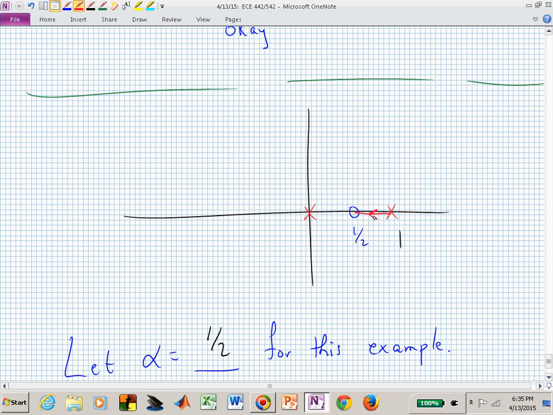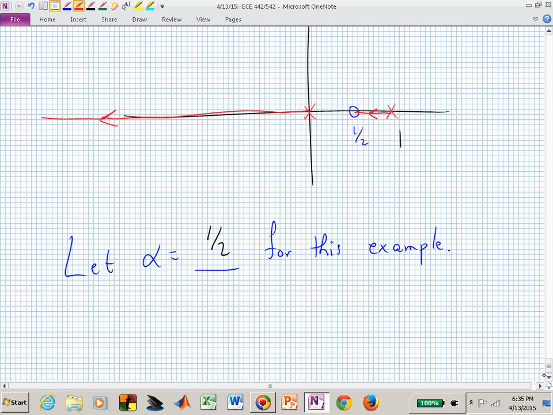Are there 2 branches on that real line segment? No. Now there's just one branch, and there's just one branch here going off to -infinity. Can you now use the magnitude condition to tell me the maximum value of K for stability?